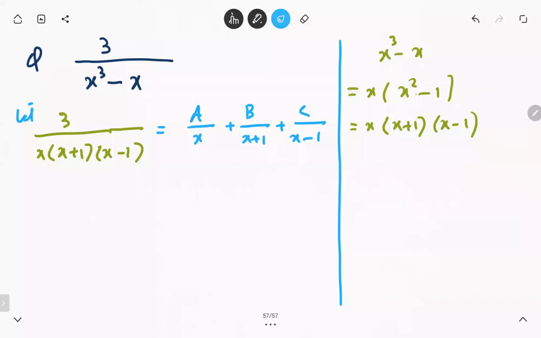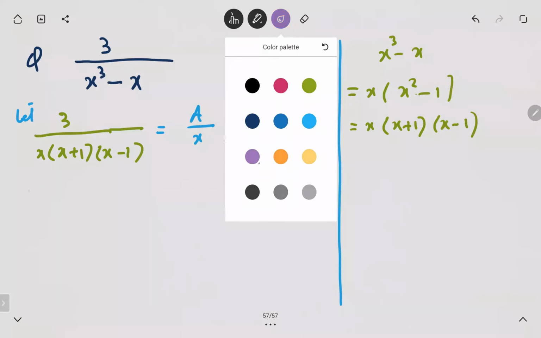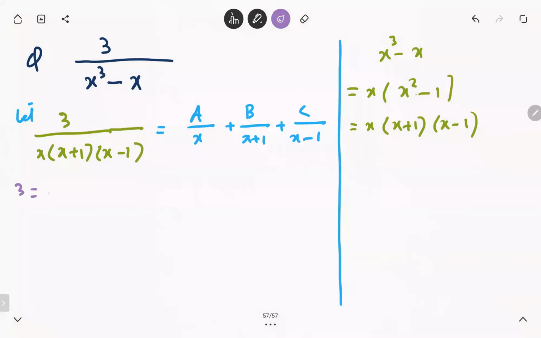So first step तो आप करेंगे कि multiplication होगी, तो you will get 3 is equal to a times x plus 1, x minus 1, plus b times x into x minus 1, plus c times x into x plus 1.